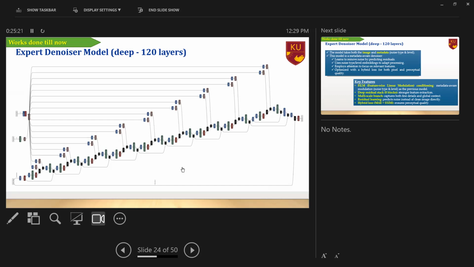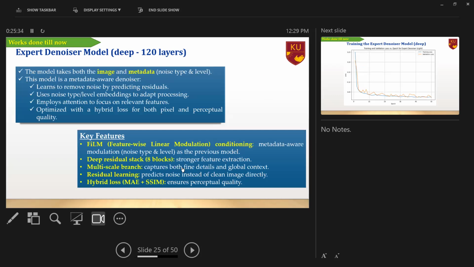Here in each block we have used the film layer, and a total of 8 residual blocks are there. So the number of layers increased to 120, but the concept is the same for both models.